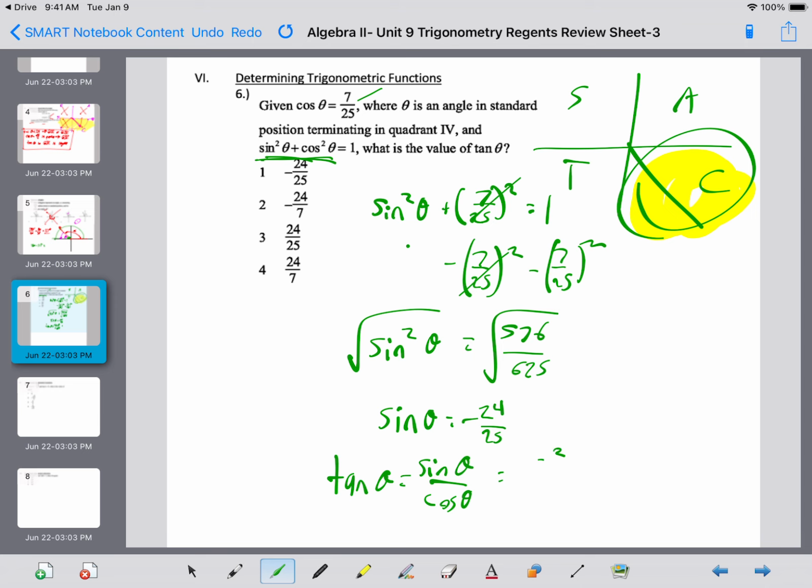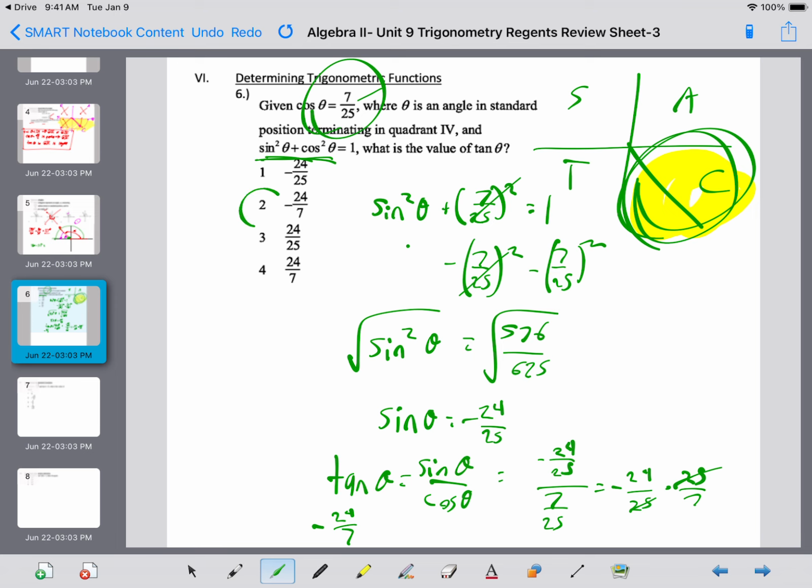Sine is negative 24 over 25. Cosine is 7 over 25. Keep change flip. So negative 24 over 25 times 25 over 7. 25 cancels out. You get negative 24 over 7. Which makes sense because only cosine's positive. So tangent has to be negative. Negative 24 over 7 is your answer.